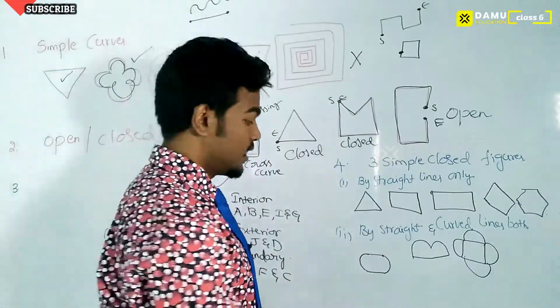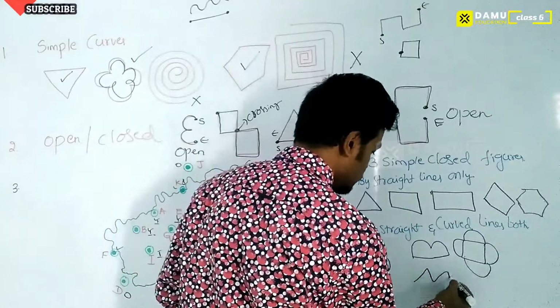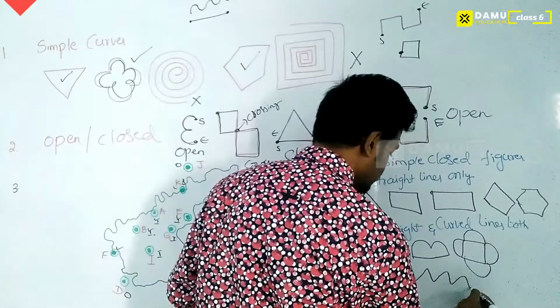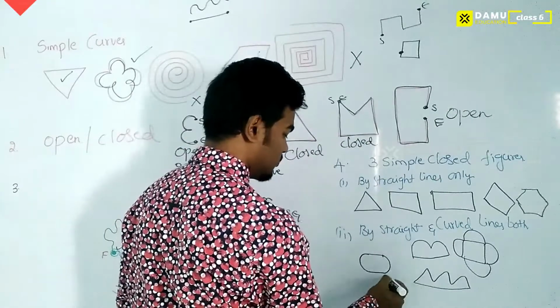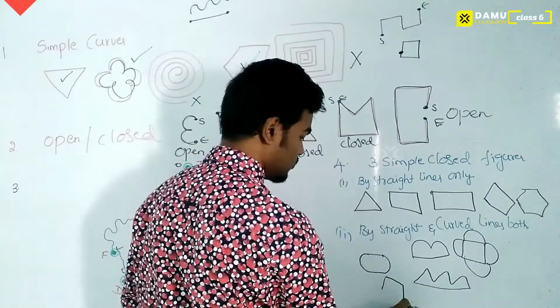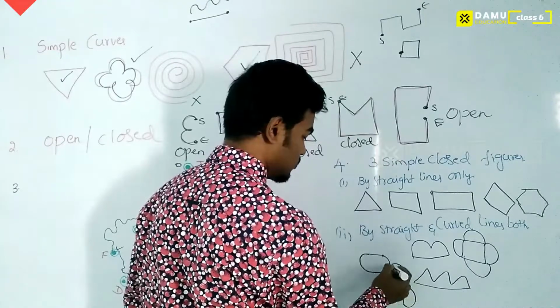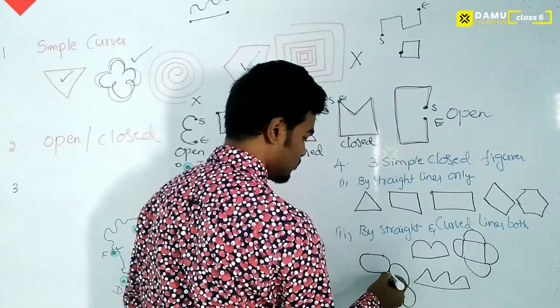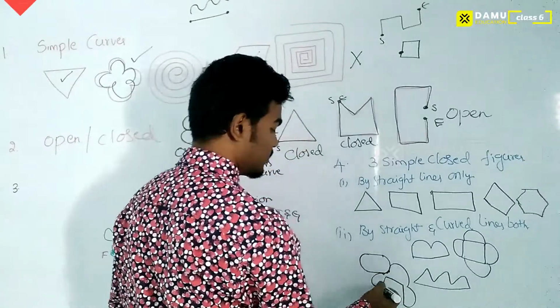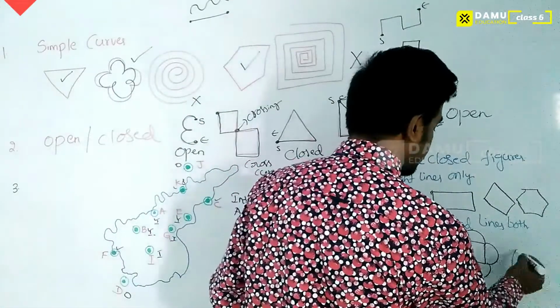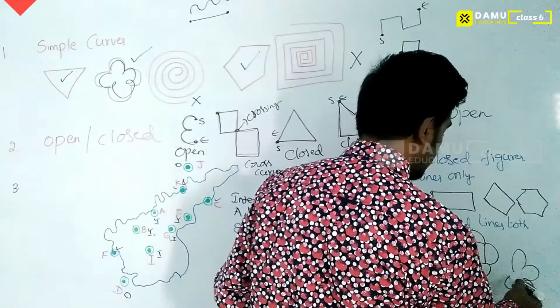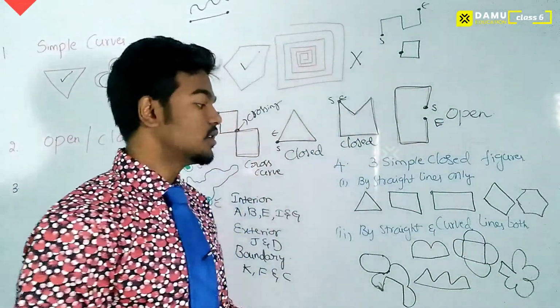So many figures you can use, like mountains you can draw. So you can draw so many shapes like this. Whatever it is, all are closed figures.